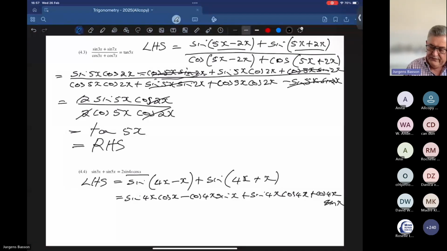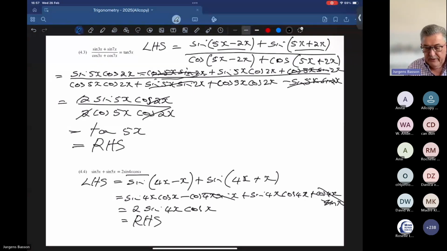Cos 4x sin x, cos 4x sin x, they will cancel. I end up with 2 sin 4x cos x, and I pretty much think that is the right-hand side.